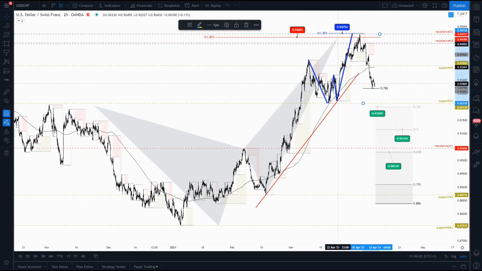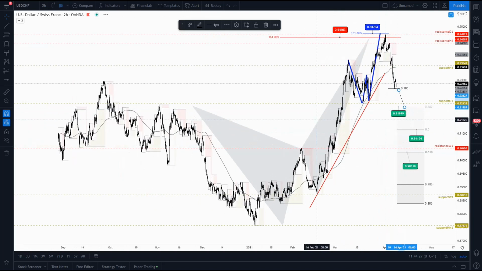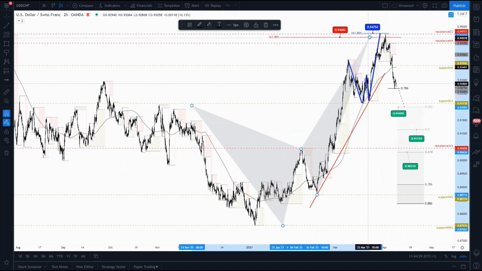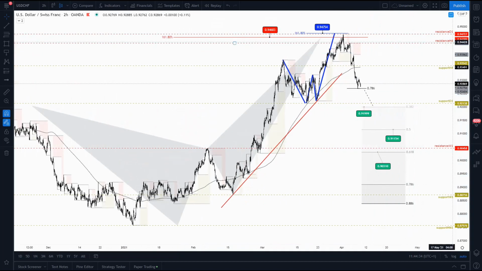But I still believe it's possible to print new lows below this daily fractal, this previous structure fractal support, just by a few points, in order to trade that 38% Fibonacci retracement level. So let's keep that in mind. 91.99, that's the default target for the bearish crab pattern printed above dollar versus CHF.